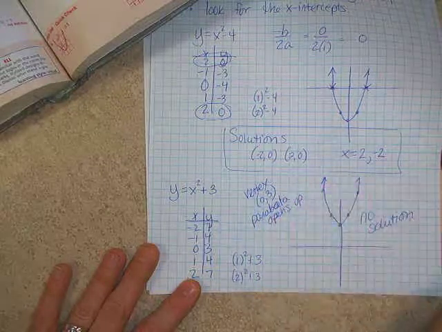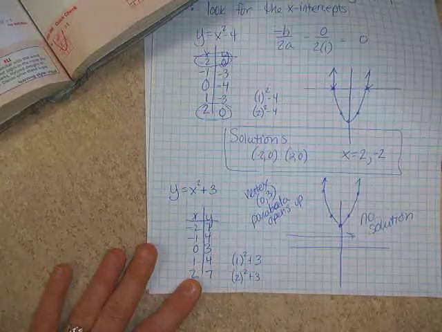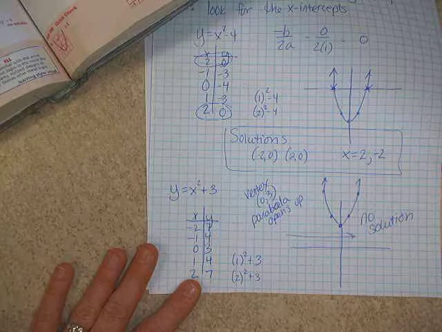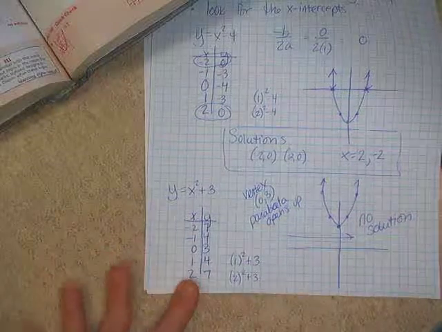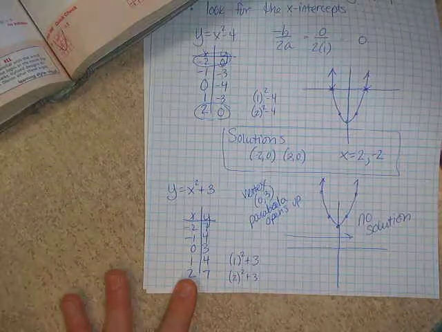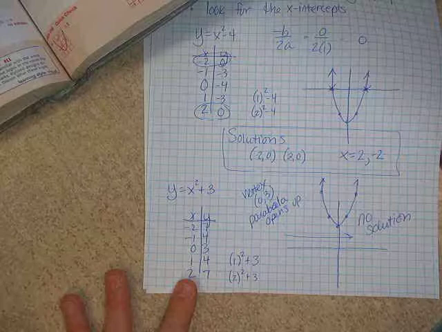Okay? But you don't have to go through all of this work. A simple explanation would be good enough. Okay, so instead of all of this, I could say vertex is 0, 3, parabola opens up, and then put down that there's no solution.